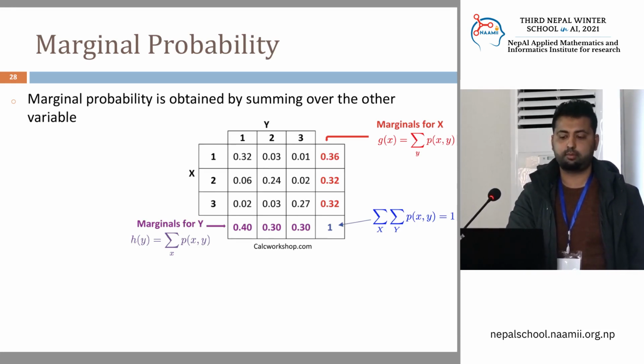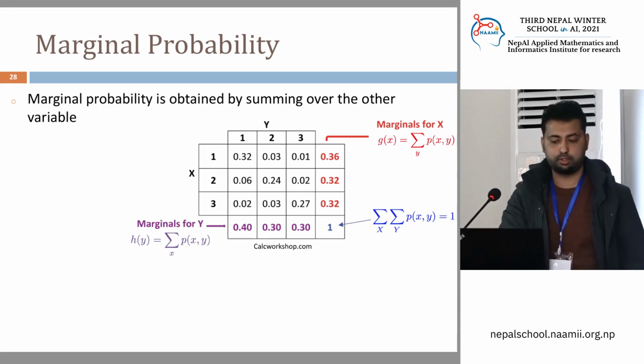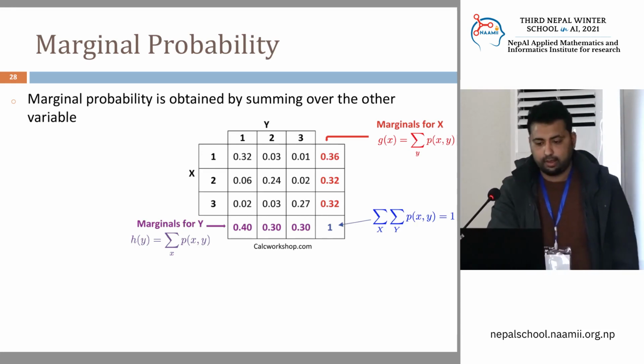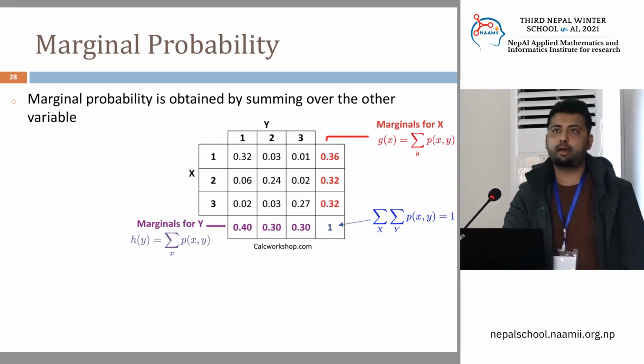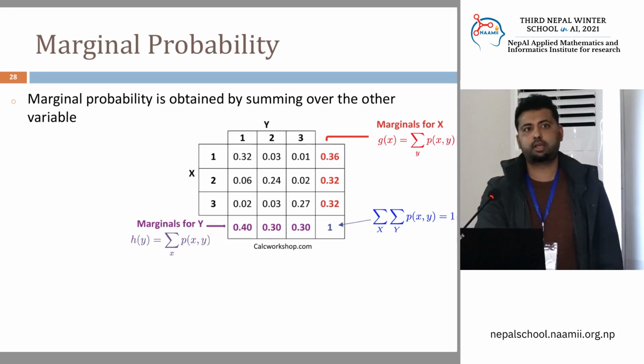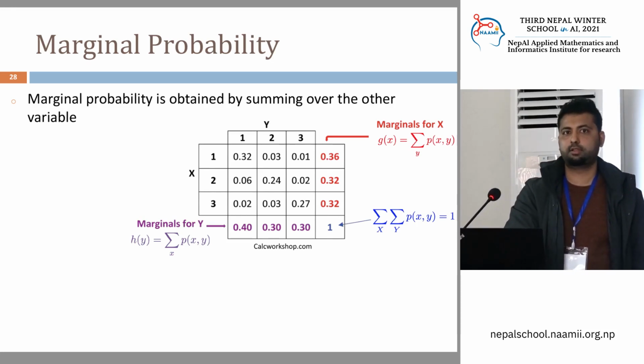So he would sum up along the column, and you would get these 3 probabilities: 0.4, 0.3, 0.3, and this is called the marginal probability of y. So once you have a joint distribution, you can easily obtain the marginal distributions of individual random variables. This is the discrete case.